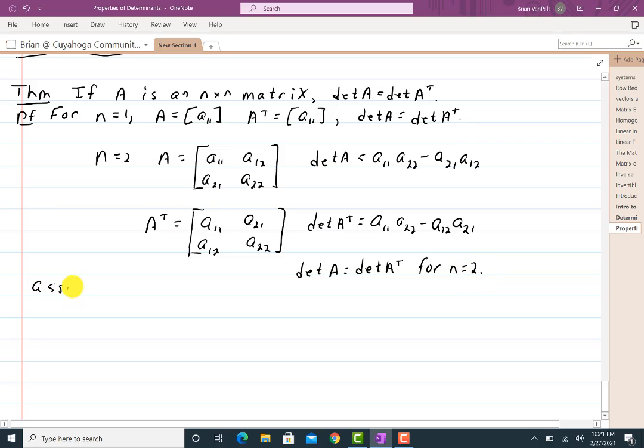Assume the theorem is true for K by K matrices.